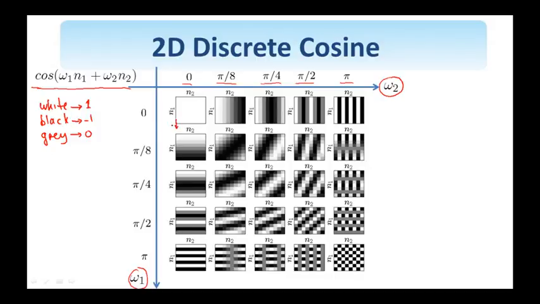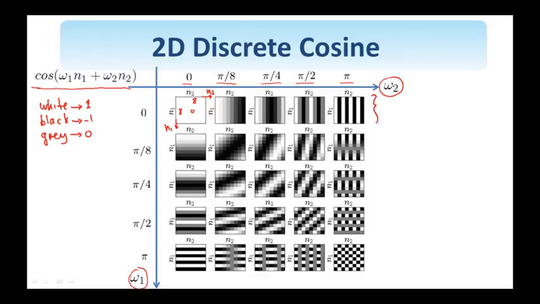The axes have this orientation shown here, and each of these blocks is an 8 by 8 block. So if we look at this image, for example, then this shows cosine 0 n1 plus 0 n2, so cosine 0 is 1, so this is a constant image with a value of 1.